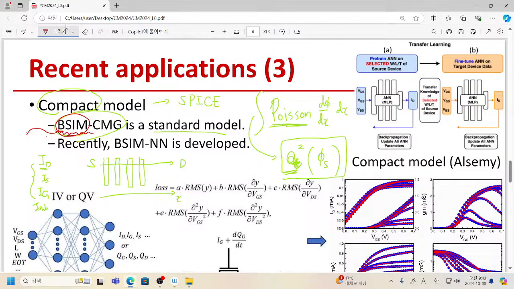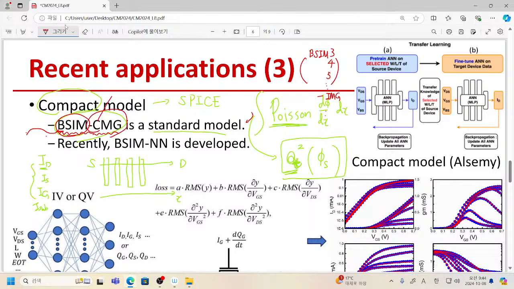Currently we have a well-established standard model called BSIM-CMG. There are so many different BSIMs. For example, the earlier ones were called BSIM3, BSIM4, BSIM5, and there are many of them. But nowadays, the most relevant one to us, living in the age of FinFET and gate-all-around transistor, is BSIM-CMG.